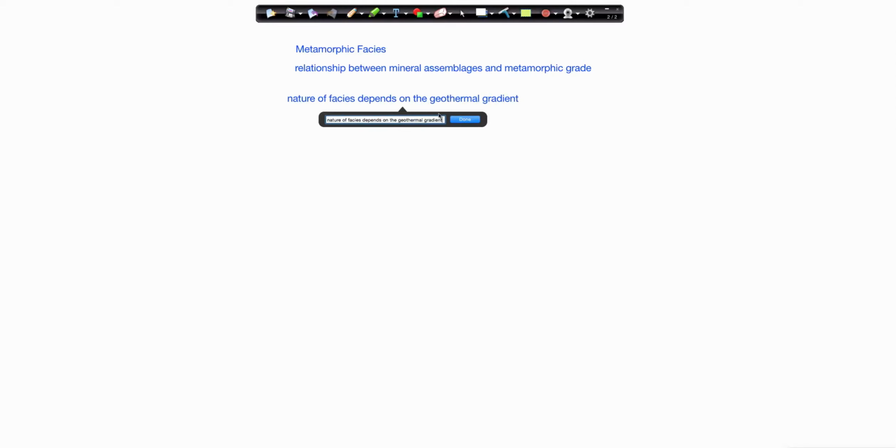So the nature of facies depends on the geothermal gradient of the setting. So the temperature and pressure of that particular setting, the tectonic setting.